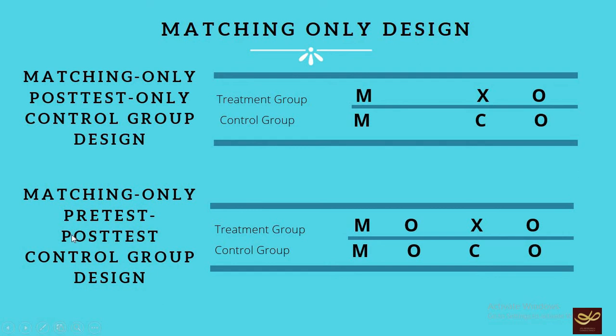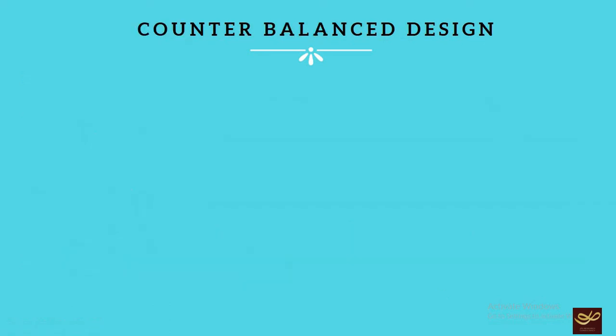Now another variation is an inclusion of a pretest. So here, as you can see, there is already a pretest that is given prior to the intervention, and then after the intervention, a post-test was given to the subjects.